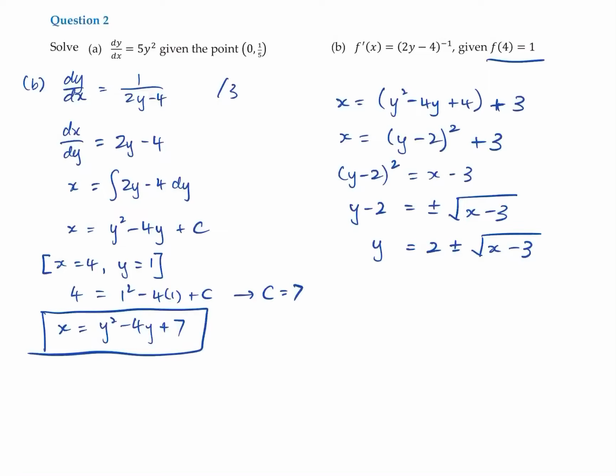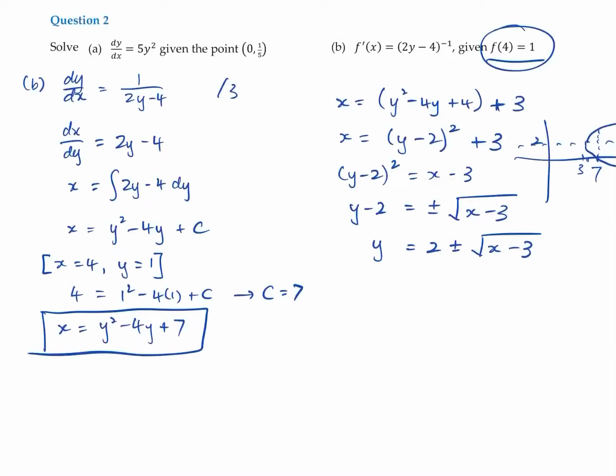Okay, what does that look like? Here's your y equals 2, here's your x equals 3. It looks like that. Now, f of 4 equals 1. So here's 4. I think that's right, but anyway, f of 4 equals 1. No, it's not right. Sorry, that's actually 7, where that goes through.